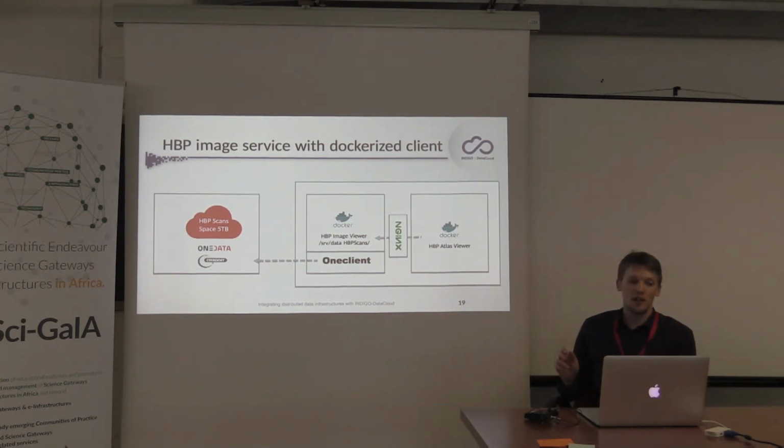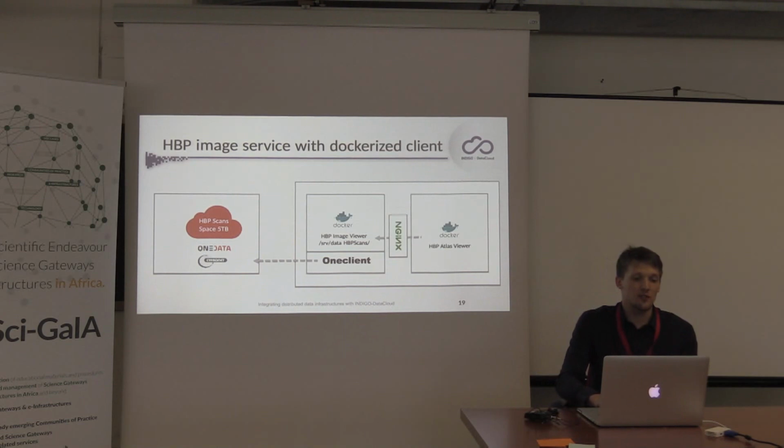The Atlas Viewer fetches data from the Image Viewer application. Image Viewer is a service that reads data from storage and exposes it on a REST interface. So Atlas Viewer fetches data through requests to a REST interface provided by Image Viewer.